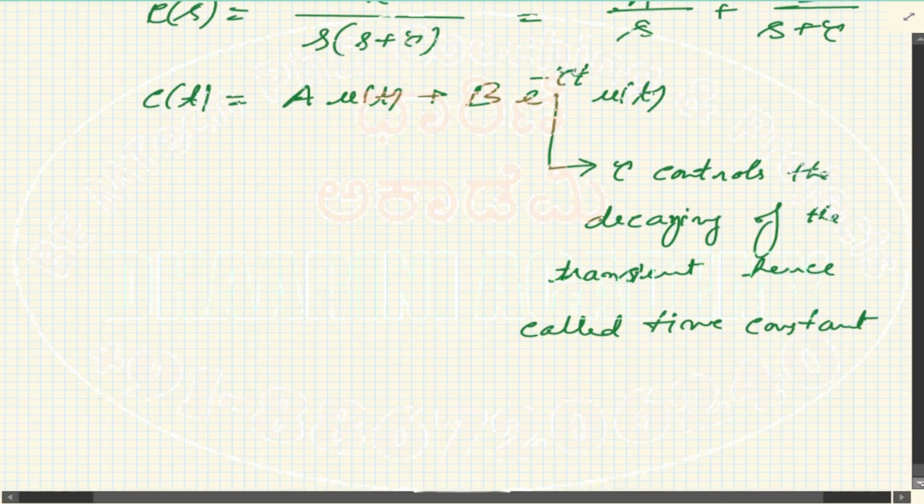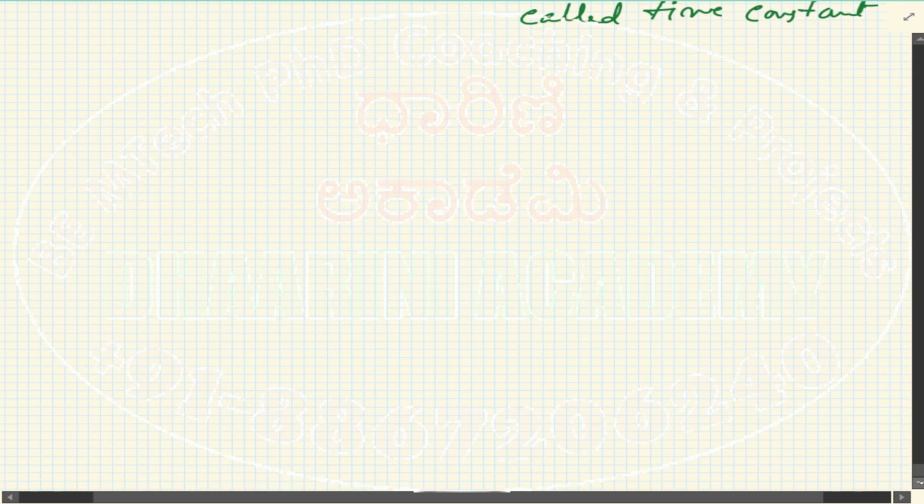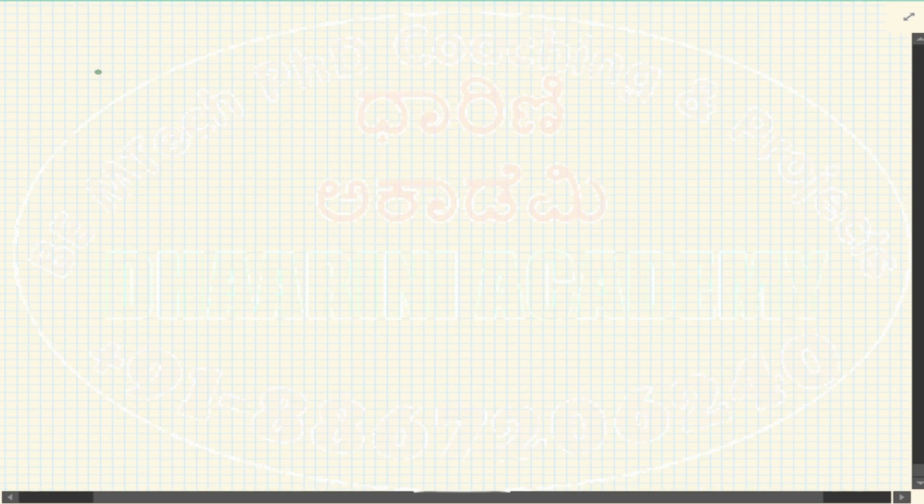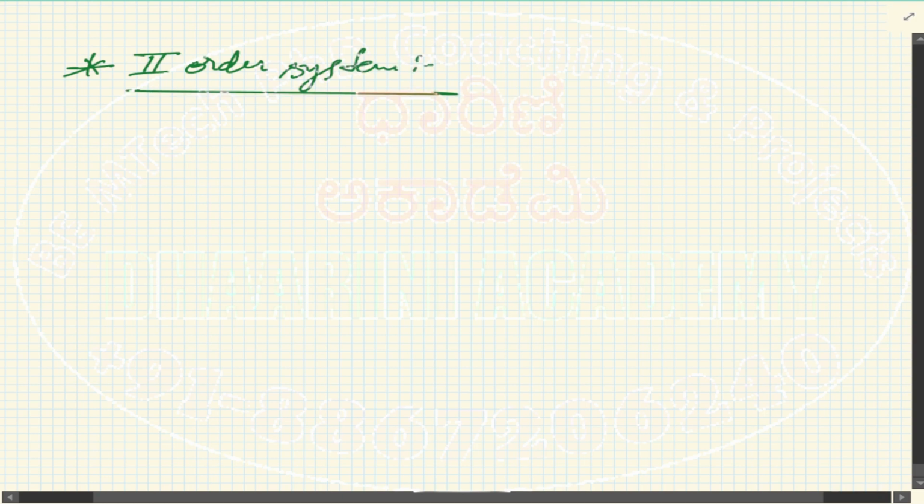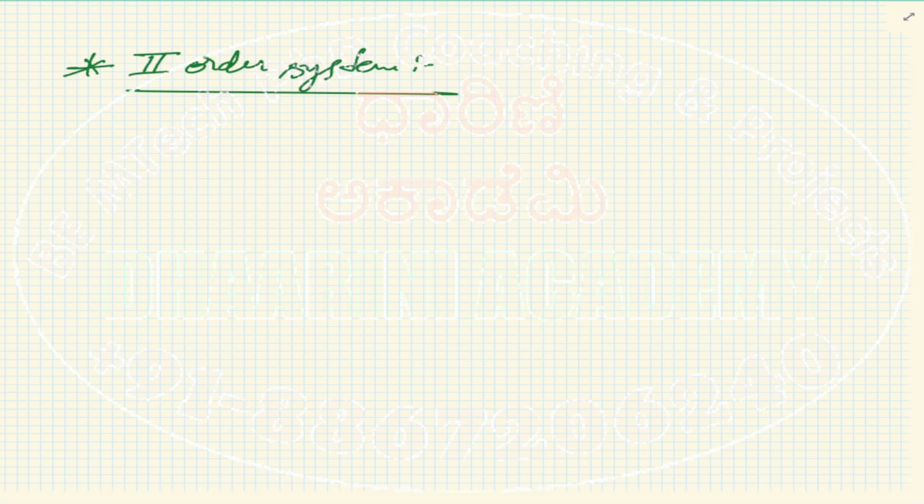Then we'll go to the second order system. Right. So in general, the second order system equation we always try to represent in the following format.